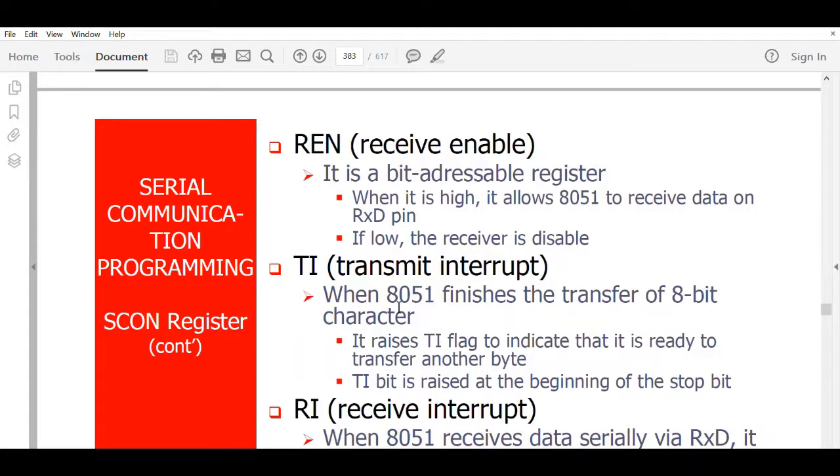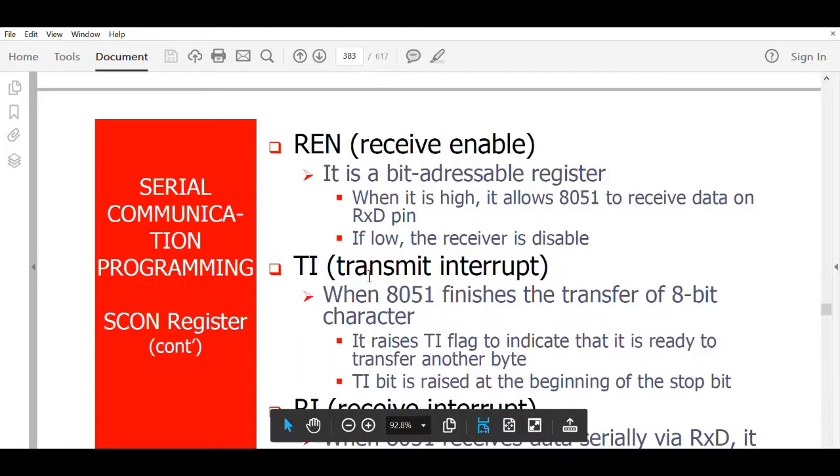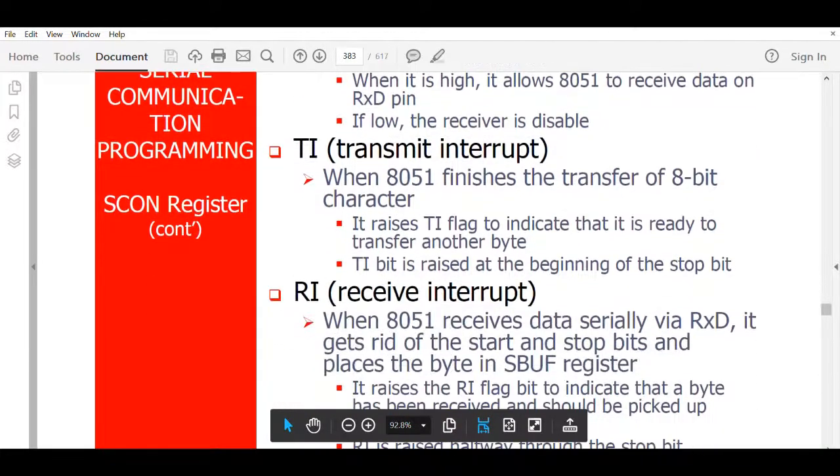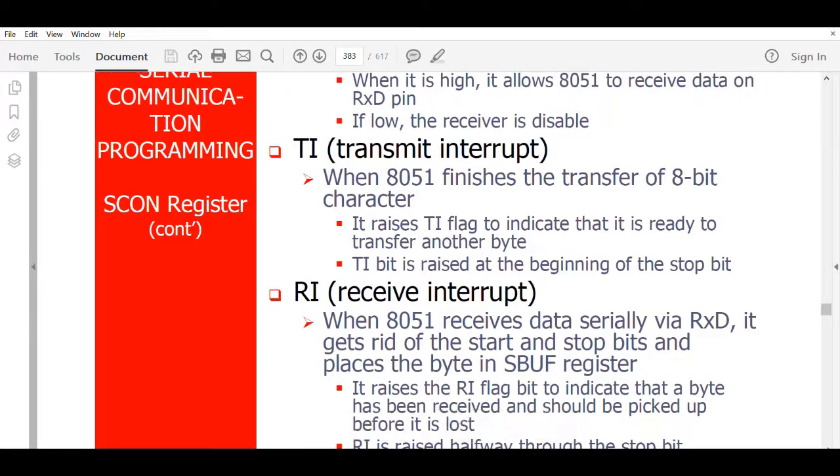In order to inform that, it will make TI equal to 1, and it is ready to transfer another byte. So when a stop bit comes up, then TI will be made equal to 1.